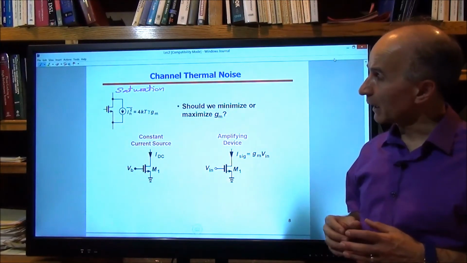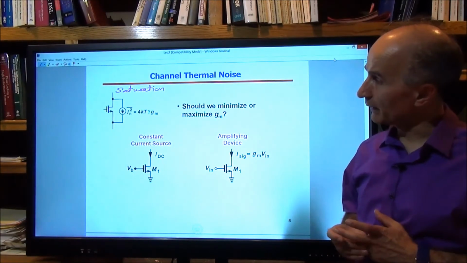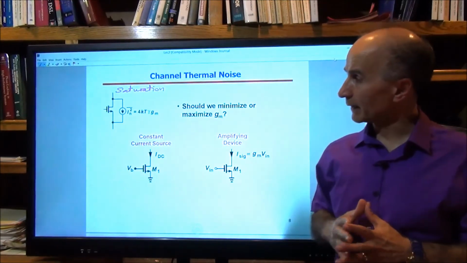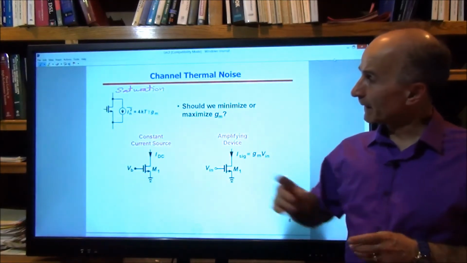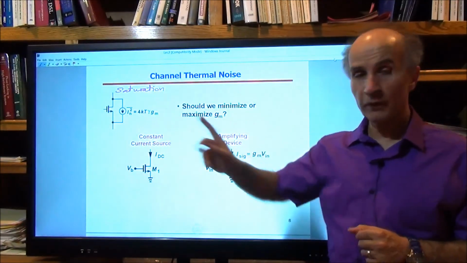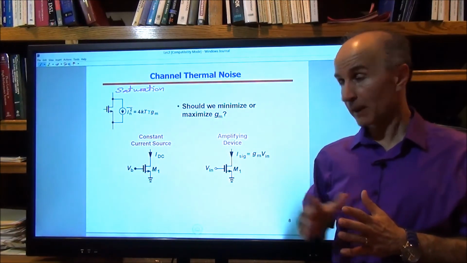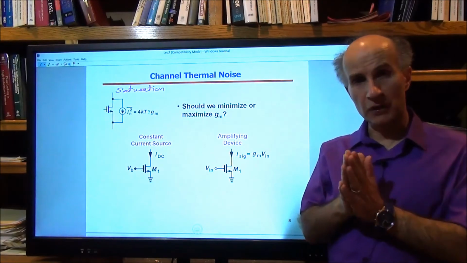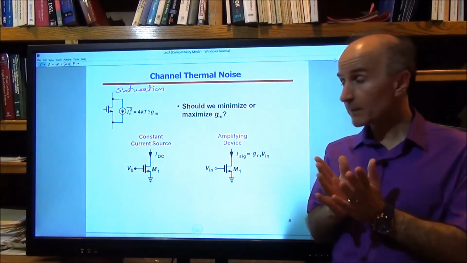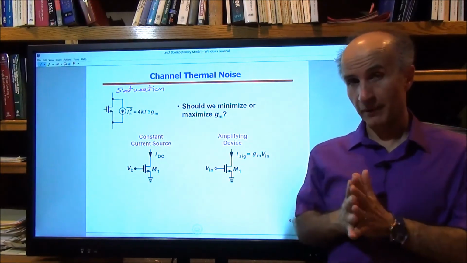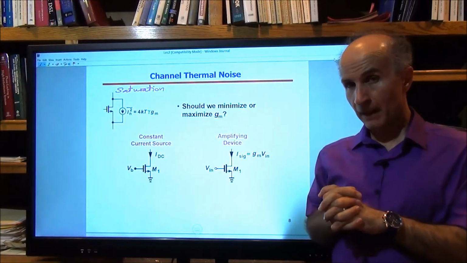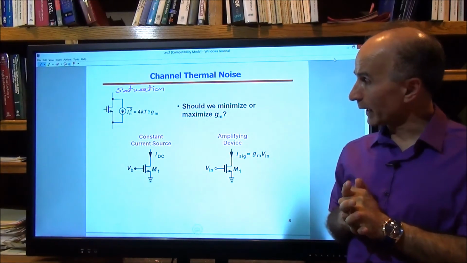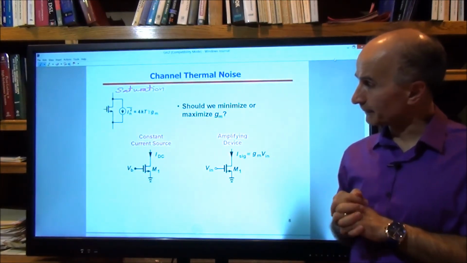Now, looking at this structure and this model, I ask myself: if the noise spectrum is given by 4kTγGM in the drain, do I want to maximize GM or minimize GM? It seems from this equation I should minimize GM, right? Well, here's how we think about it.